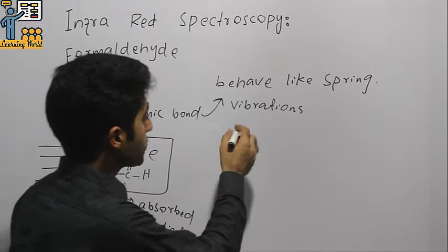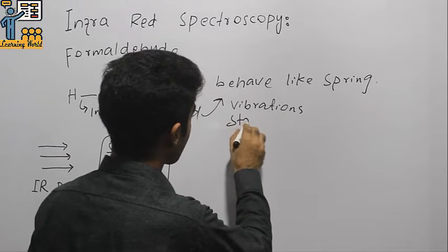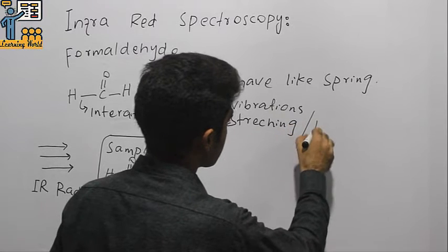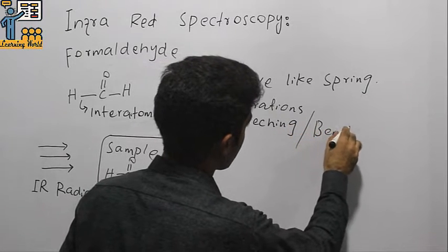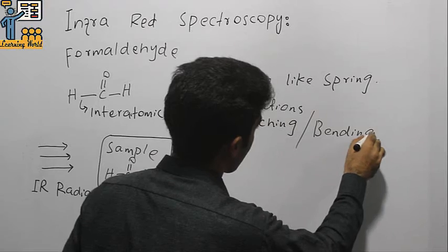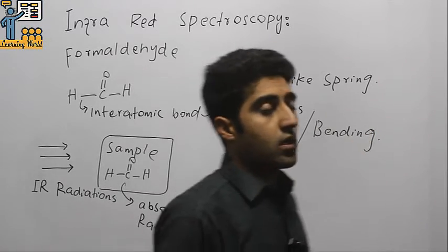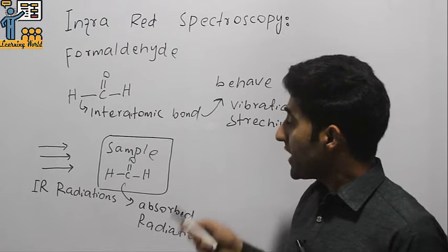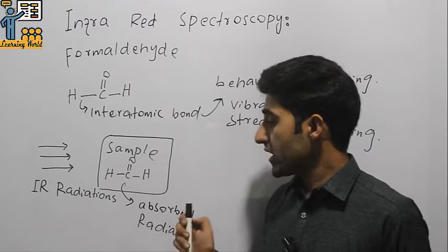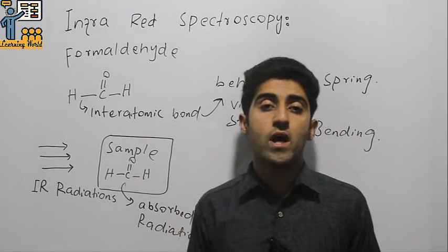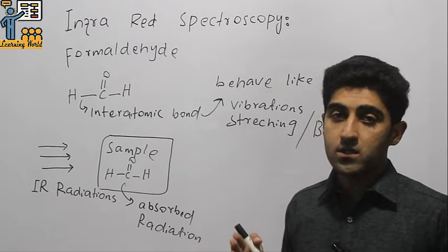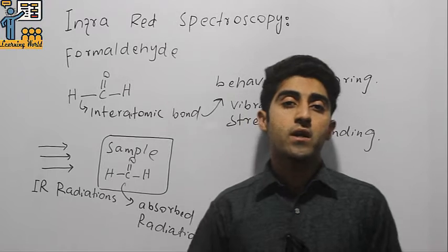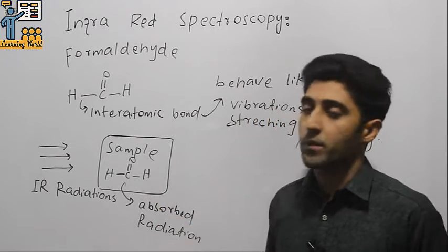One is stretching and the other is bending. They will cause the stretching or bending vibration. When they behave like a spring, from this vibration we can easily determine the functional group of this formaldehyde.